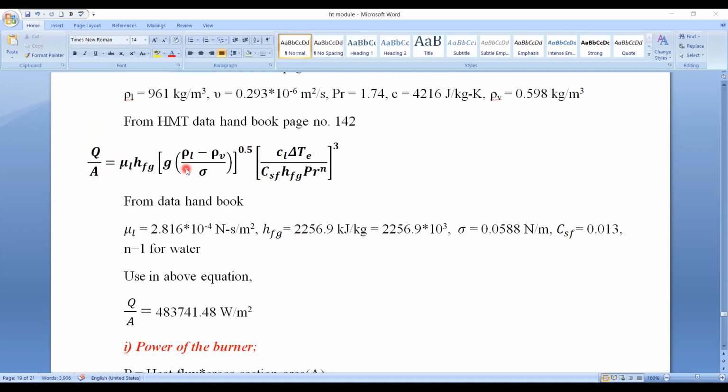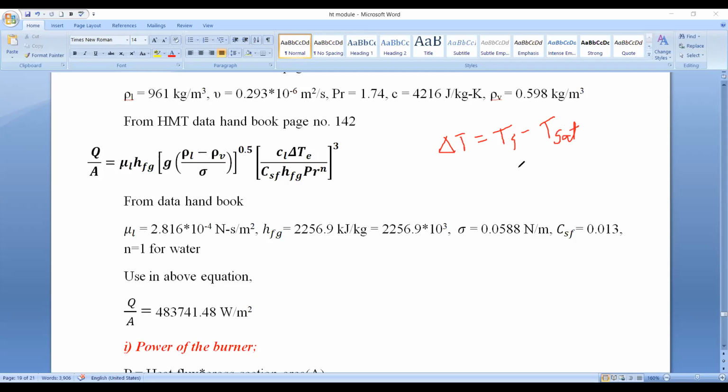that is heat flux. See here, delta T is nothing but the temperature difference. Let me write the formula for delta T, which equals the surface temperature Ts minus the saturation temperature of water Tsat.